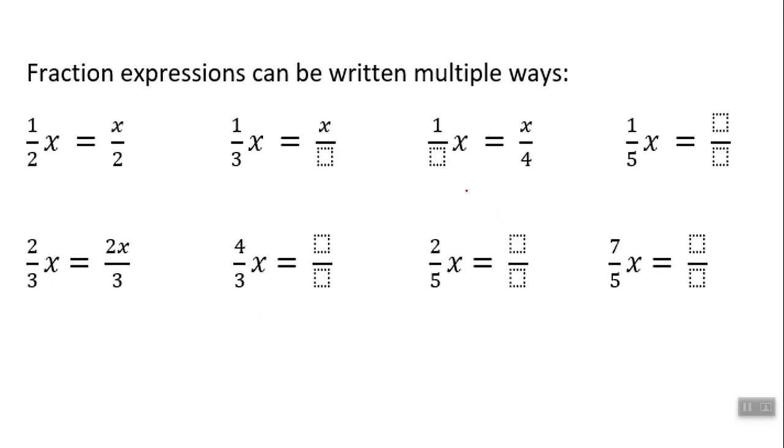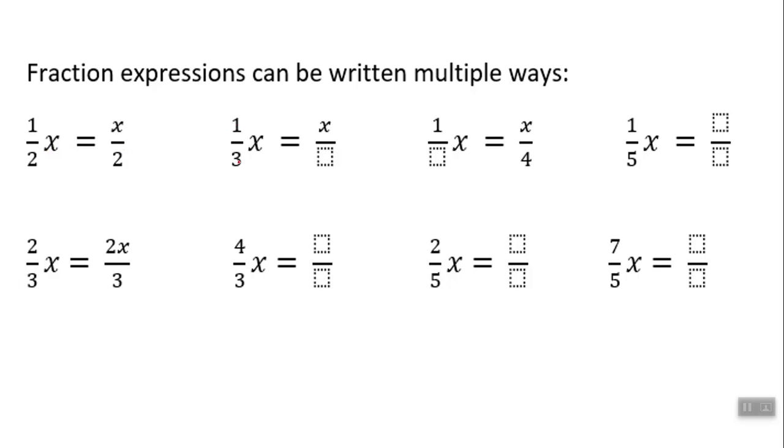Before we do the example, I want to show you that fraction expressions can be written multiple ways. For example, 1/2 x is equal to x over 2. These are exactly the same thing, just written in different ways.